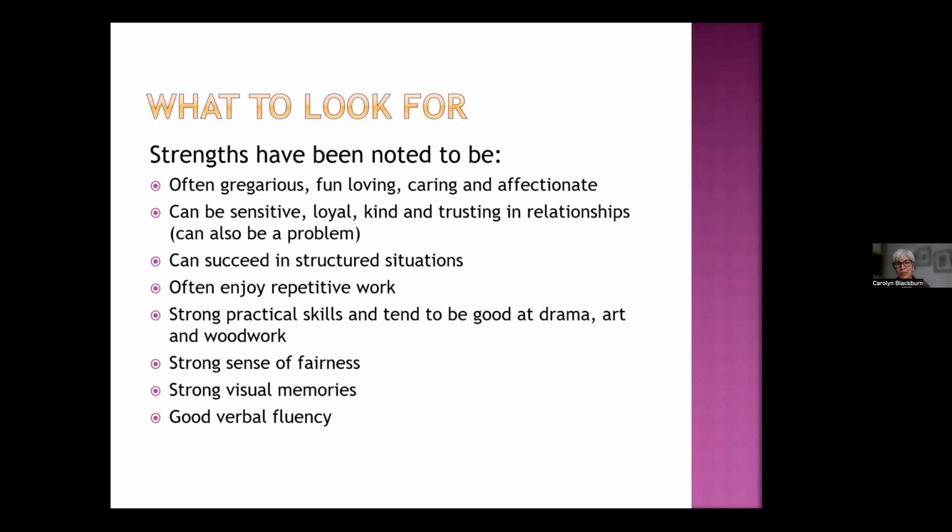They have a very strong sense of fairness, so they can advocate on behalf of other children, and most of the time that's appropriate, but sometimes it's not. Strong visual memories and good verbal fluency. They've been described as being very verbose, which often masks poor receptive language, poor social understanding.